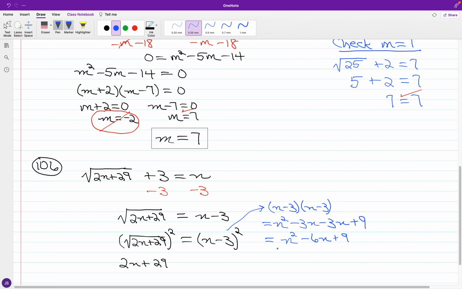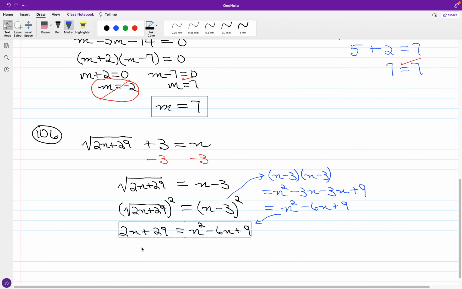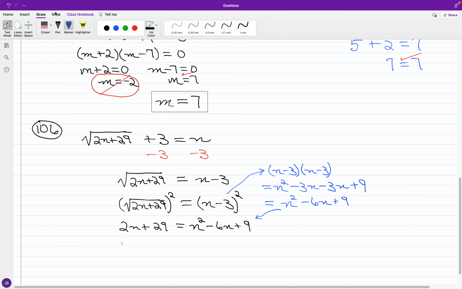So this will come out to n squared minus 6n plus 9. Going back to our equation, we have a quadratic equation in the letter n, and the highest degree term, n squared, is situated to the right.